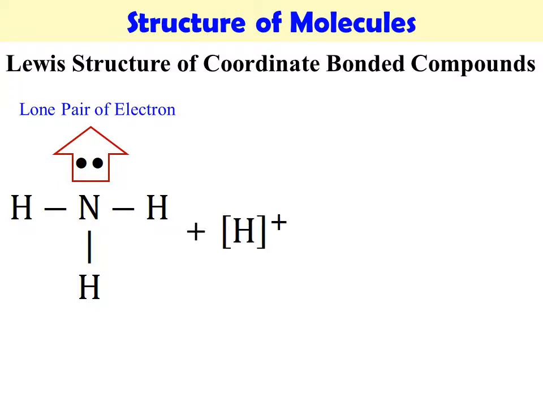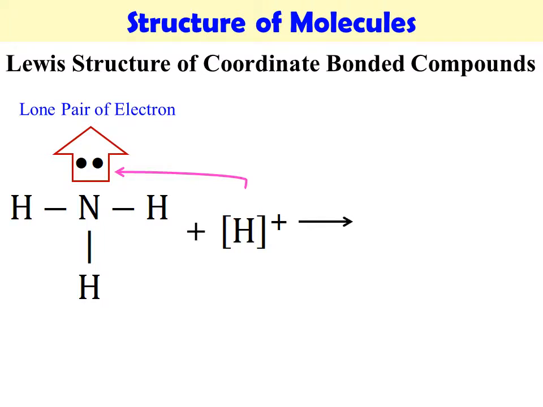Then the H plus ion, a cation of very small size, approaches, and it tries to take up this lone pair. Nitrogen partially donates this lone pair to H plus, because H plus has no electrons and is unstable. Nitrogen has no such problem.